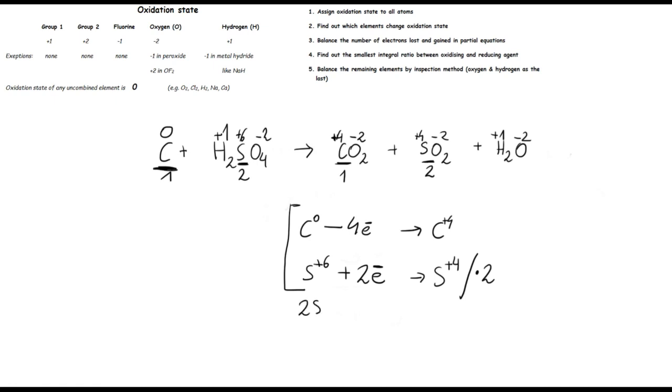If we multiply the second equation by 2, we get 2 atoms of sulfur with oxidation state +6 plus 4 electrons, and 2 atoms of sulfur with oxidation state +4. We only multiplied the second one, and now the second one gains the amount of electrons which are lost in the first one.